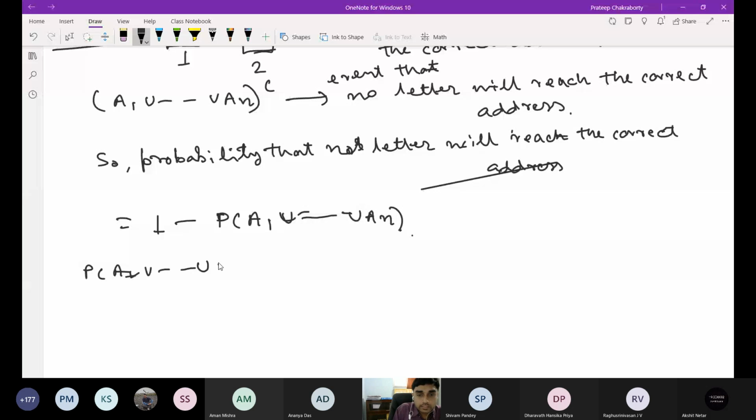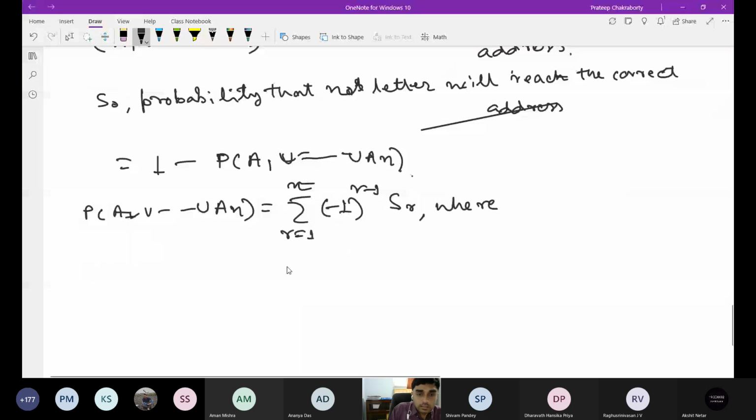This is summation of minus 1 power r minus 1 SR, r equal to 1 to n, where SR is this P of these events. Okay, not this event, sorry, just one mistake.